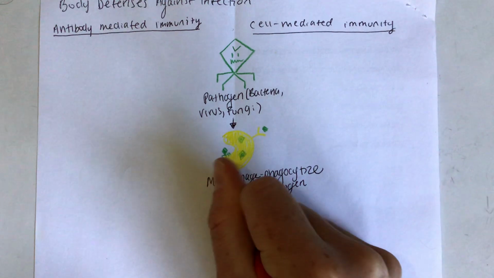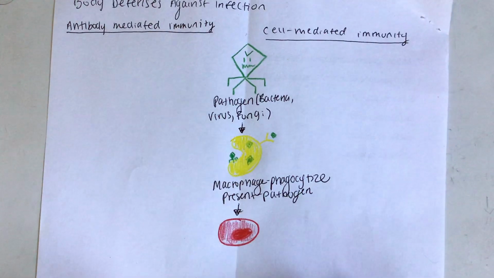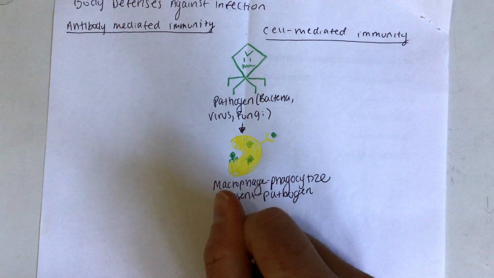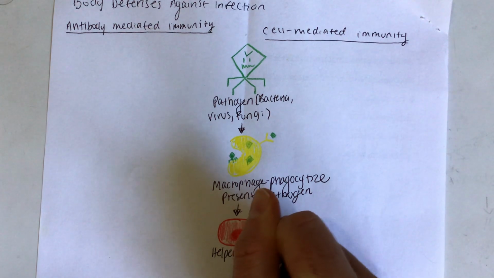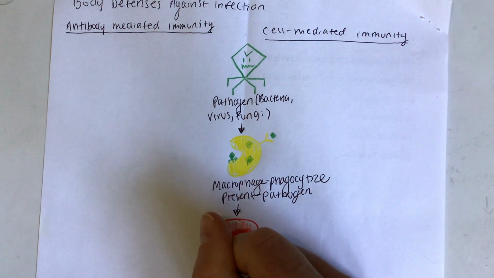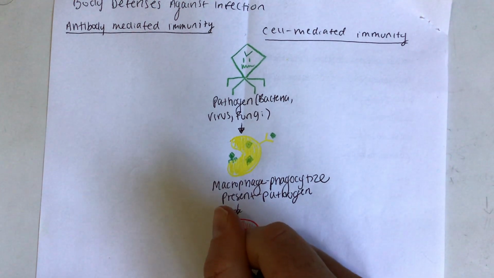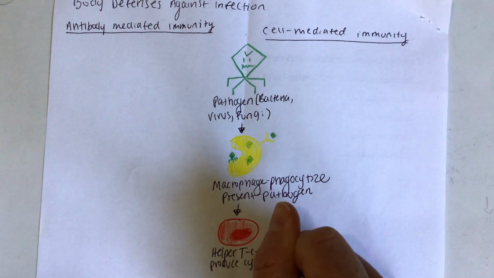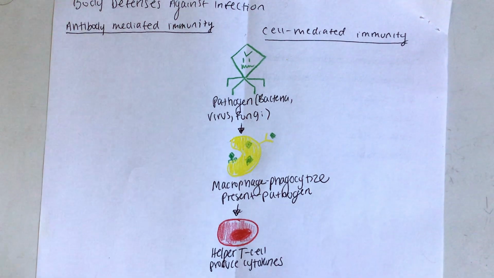And when a helper T cell sees what the macrophage caught, it's going to produce these little guys called cytokines, which are little proteins that attract other cells. So I'm going to write helper T cell down here. And produces cytokines. And this is where we split off.